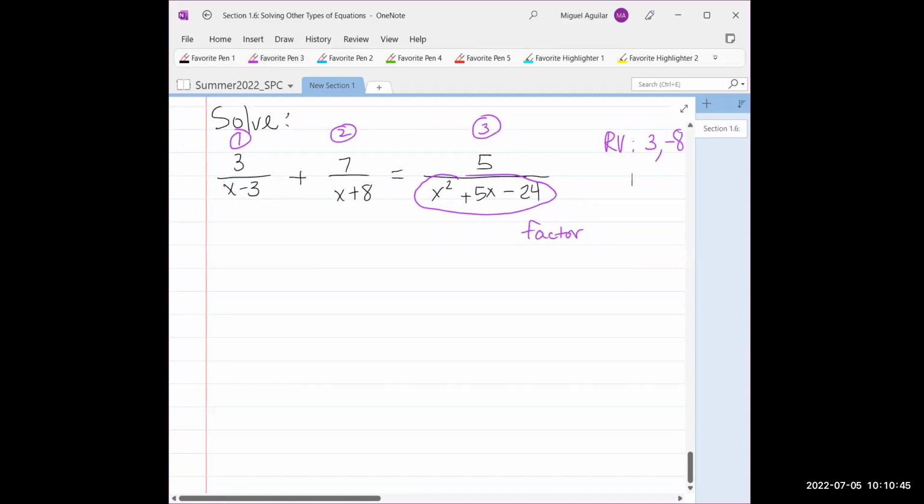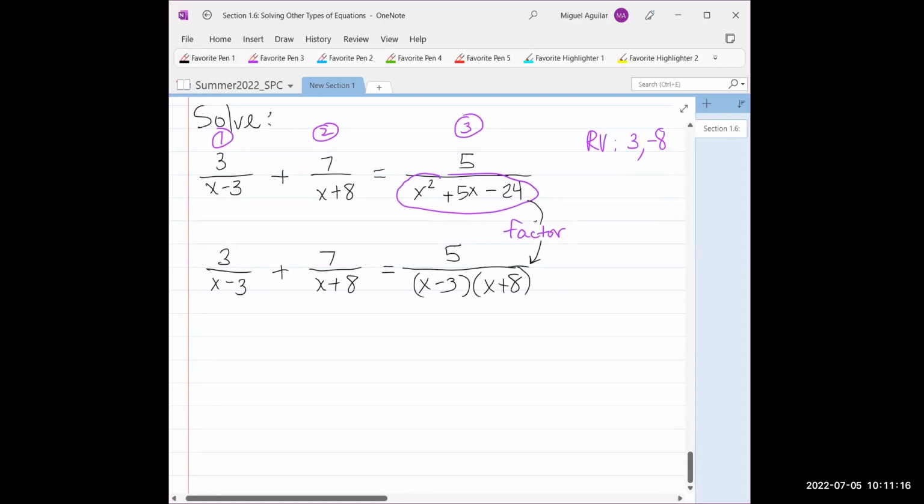If you have a complicated trinomial in the denominator, it's best to rewrite that problem in factored form. For the first two terms, there's no work we need to do. We're just rewriting them the way they were originally written. But for this term, we'll write 5 over x minus 3 times x plus 8 in factored form.